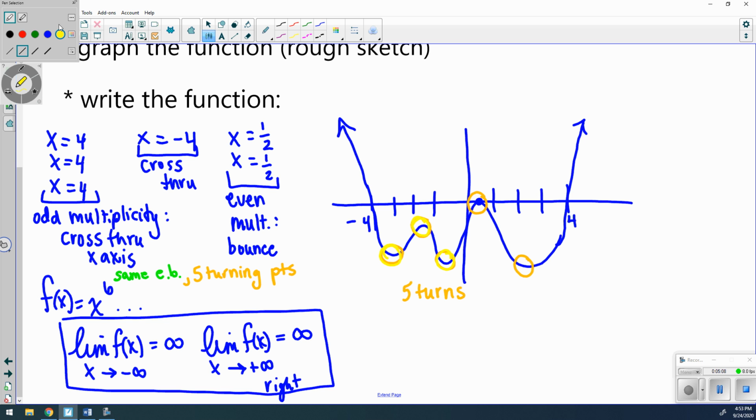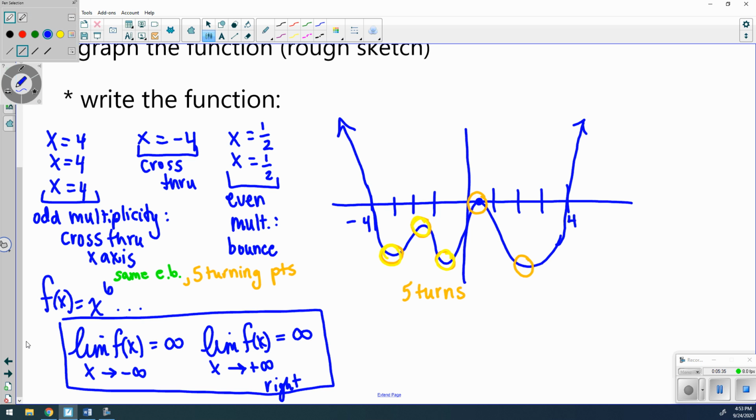I don't really know if those happen, but this is a rough sketch, and if you were in a multiple choice setting, you would know to look for something that had these random turns somewhere. These come from complex zeros, and we don't really know where they are right now until we look at more of a graph or something. Okay, so rough sketch, good enough.